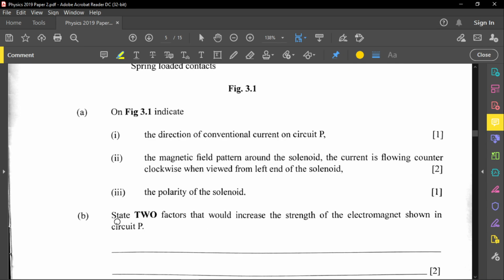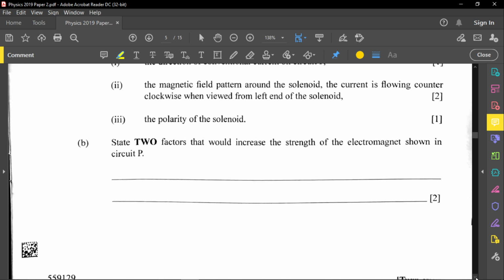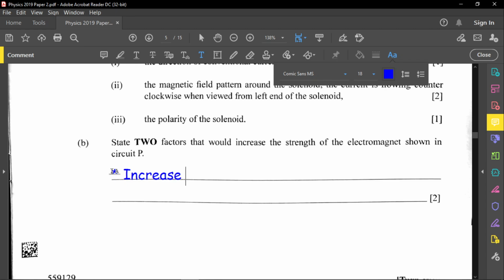Now for part B, state 2 factors that would increase the strength of the electromagnet shown in the circuit. I think I've discussed this before. The two things that will increase the strength of an electromagnet: one is to increase the current. If you increase the current, the strength will increase.